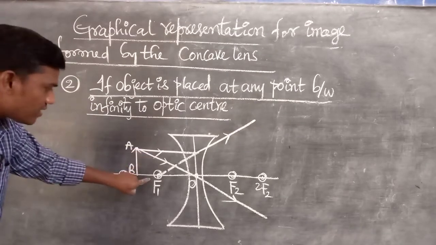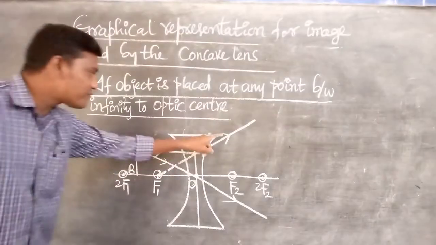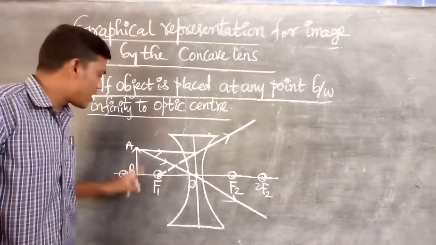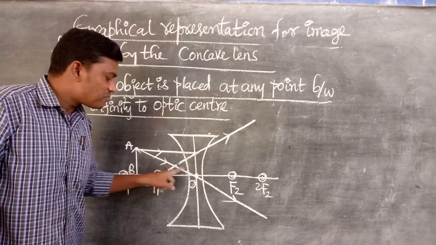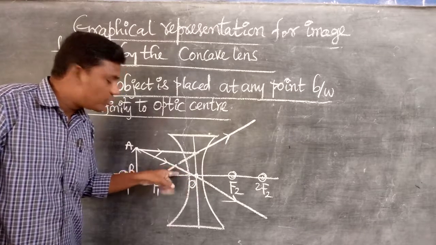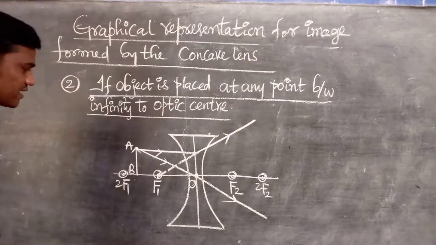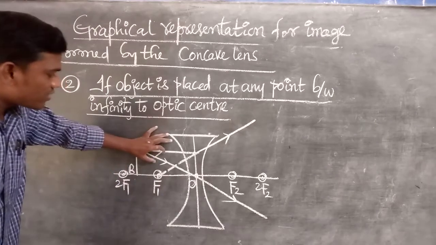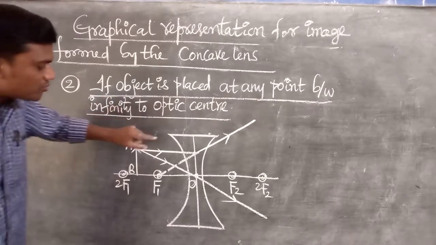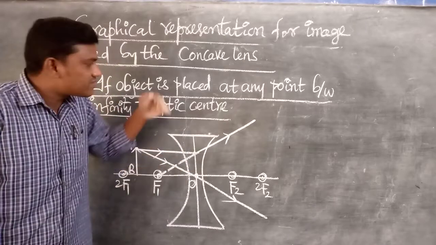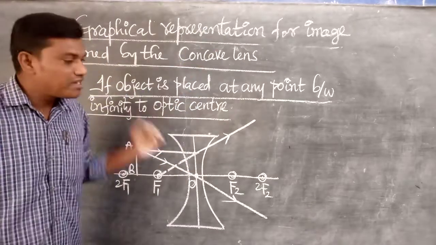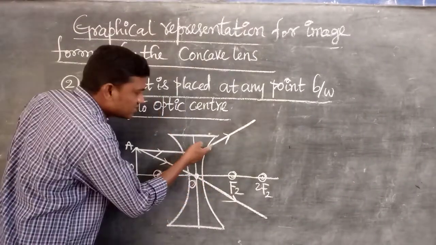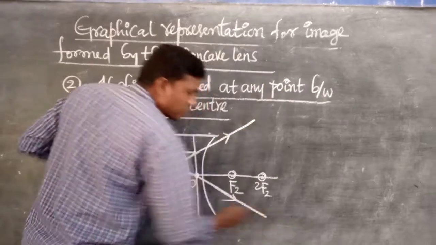One ray is parallel to the principal axis, and after refraction appears to pass through the focus. And the second incident ray passes through the optic center obliquely. I already explained clearly in the rules for image formation: if the incident ray passes through the optic center obliquely, in case of convex and concave lens it is undeviated. That's why this is the undeviated ray.